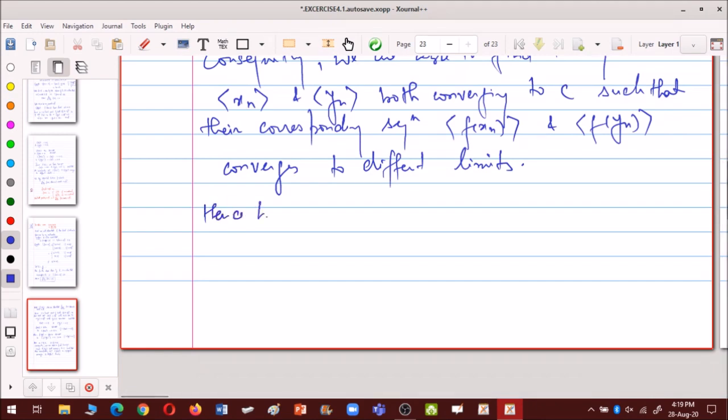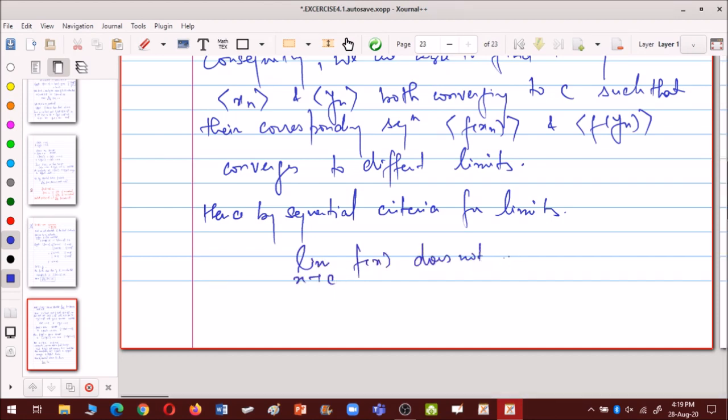Hence, by the sequential criterion for limits, limit x tends to C, f(x) does not exist in R. So this is the proof of this question.